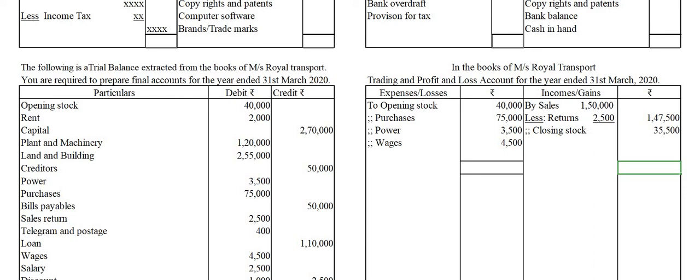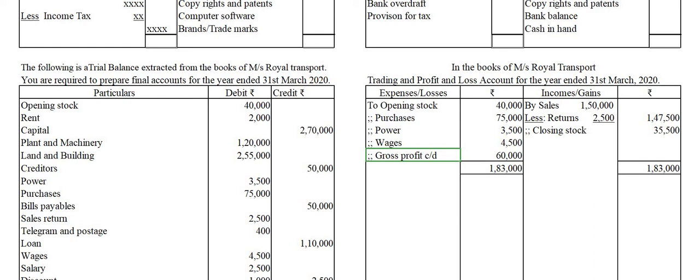I think the credit side is more than the debit side, so we can total the credit side, and that amount can be taken to the debit side. Okay, 1,83,000. From that we have to deduct the amounts in the debit side. So we will be getting gross profit 60,000, gross profit carried down. So trading account is over.